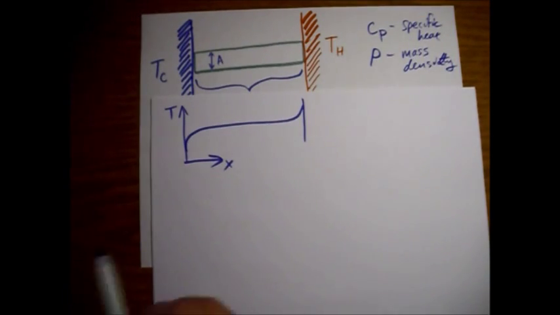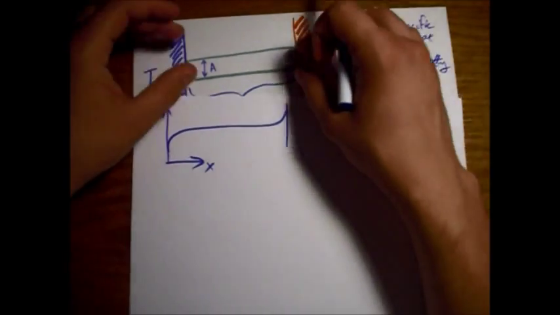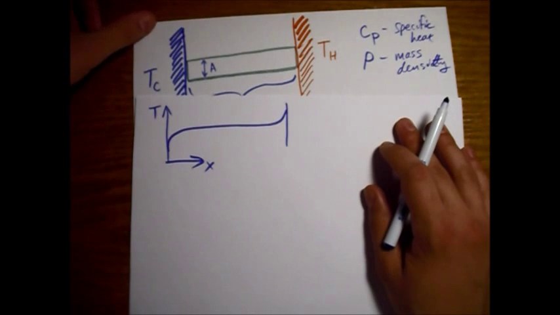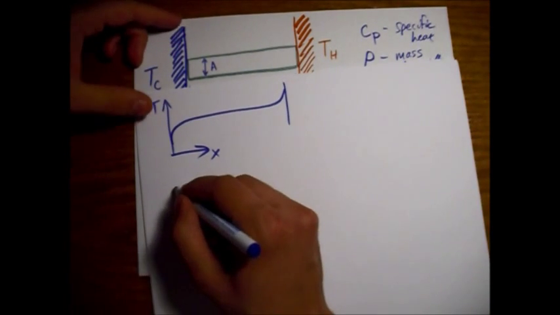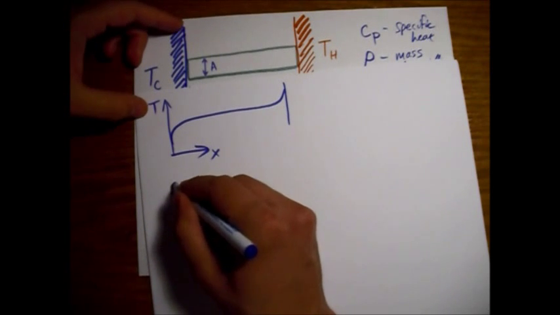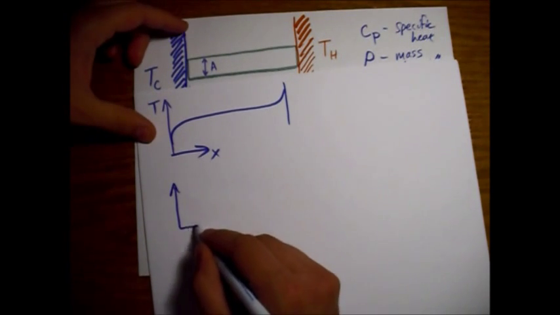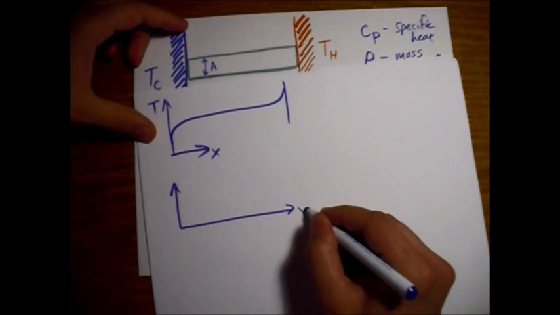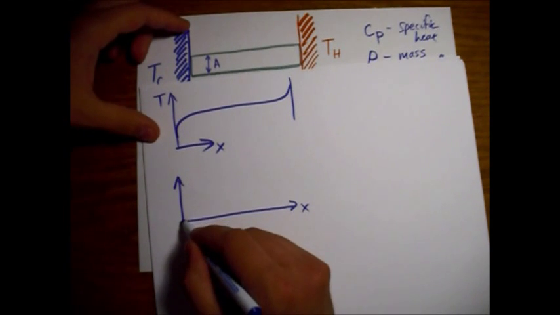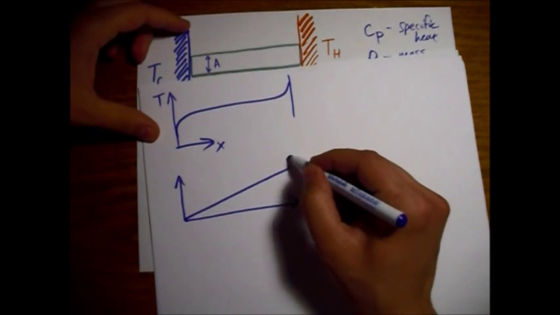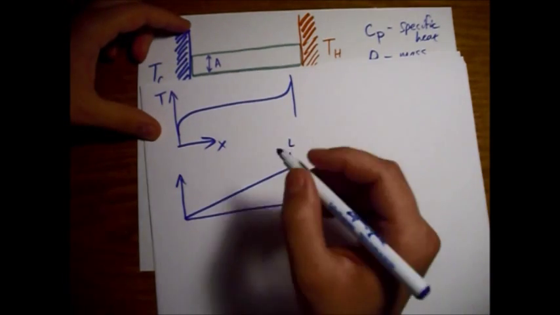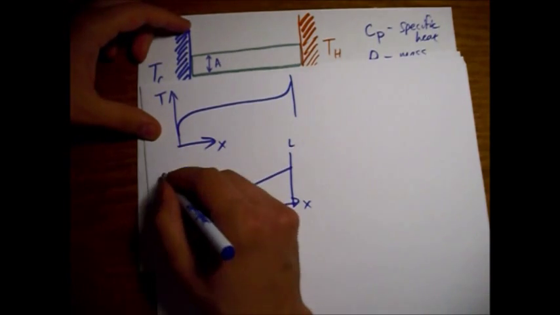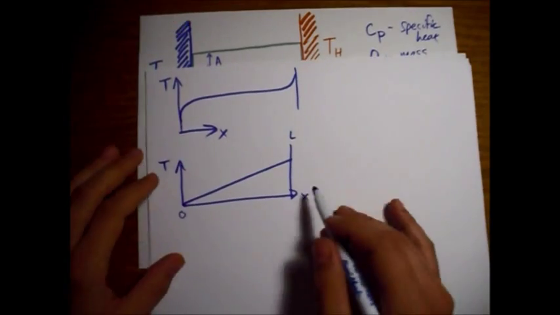This is just as we first put the bar in, and this doesn't really matter for us at all. What we're more concerned with is the steady state. So here's L, here's 0, and this is the temperature.